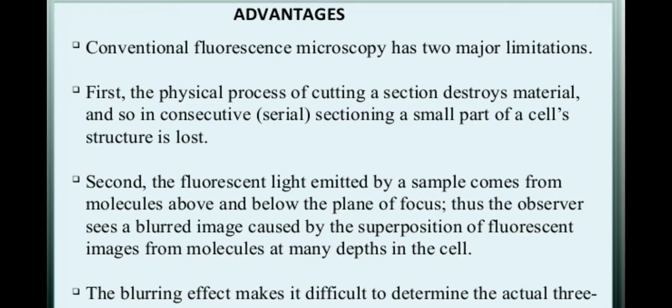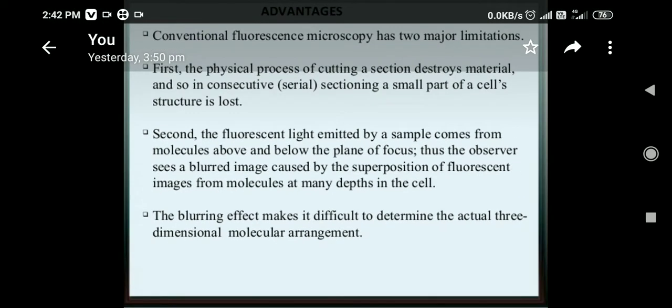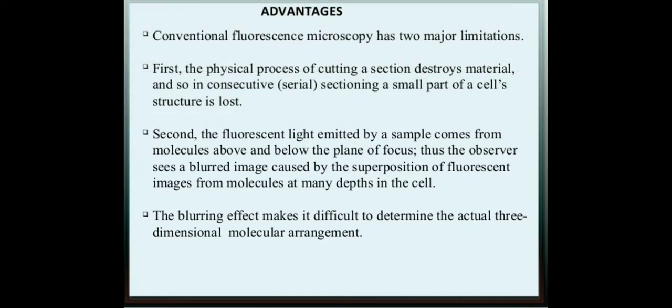And second, the fluorescent light emitted by the sample comes from molecules above and below the plane of focus. Thus, the observer sees a blurred image caused by the superimposition of fluorescent images from molecules at many depths in the cells. So this is the second drawback of the microscope. The blurred effects make it difficult to determine the actual three-dimensional molecular arrangement.